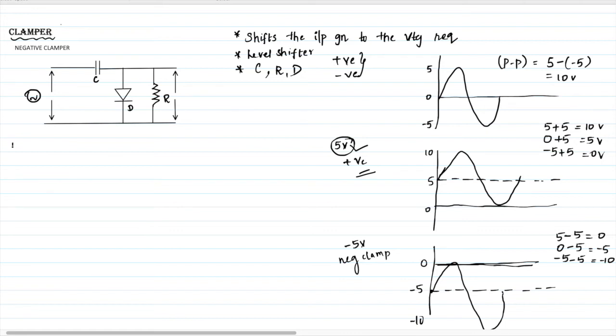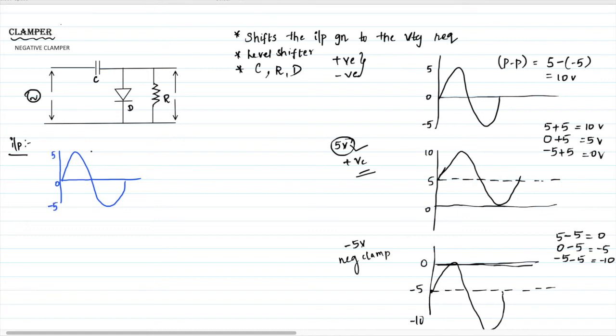So first let's assume the input signal. Say this is the input signal. I'll take the same example 0, 5 and minus 5.